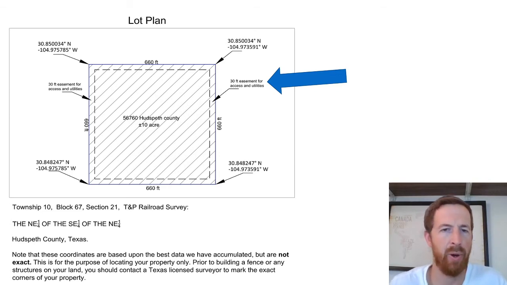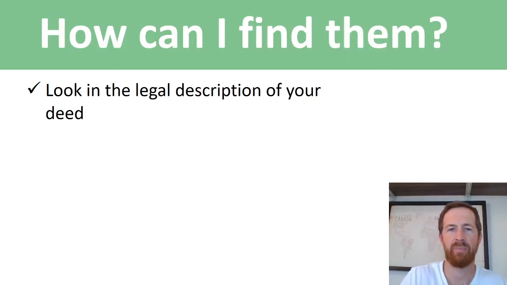Now in this particular area of Hudspeth County, Texas, all the properties have these same easements, which essentially provides a 60-foot wide access point in any which way or in any direction for a person that needed to access their property. All right, this is one way that you could find it on your deed. Sometimes the wording won't be as simple as this one, but the first place to look is on your deed.